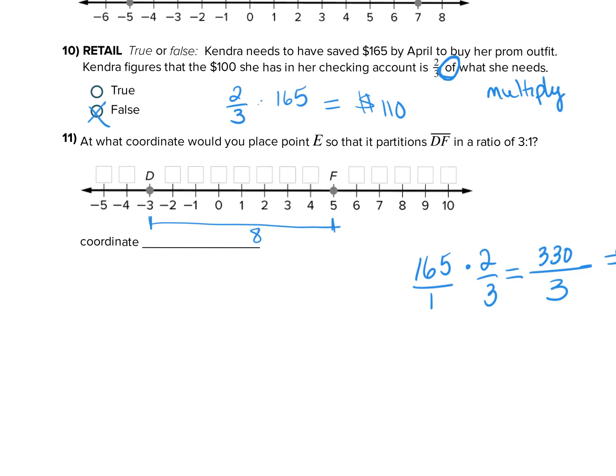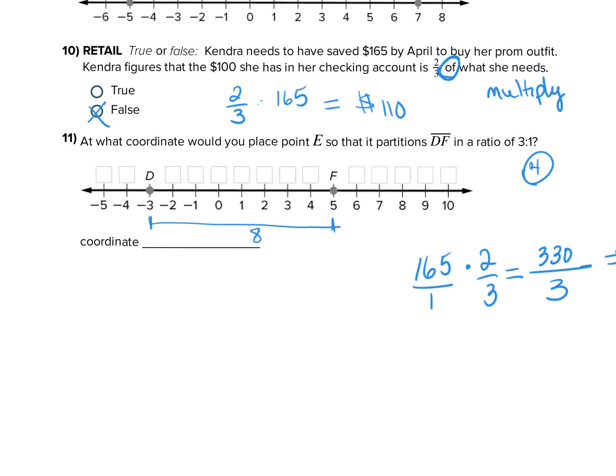So that means we need to divide DF into 4 parts. And we know that because the ratio is 3:1. So when I add 3 plus 1, I get 4. So I need 4 congruent pieces to divide DF into.